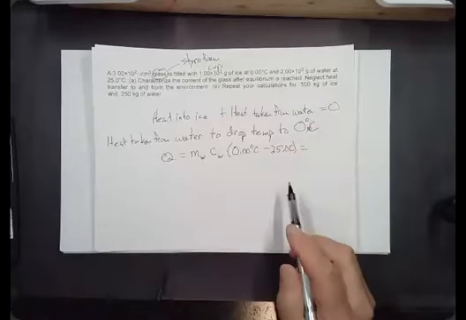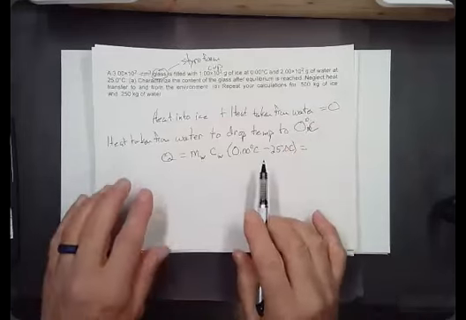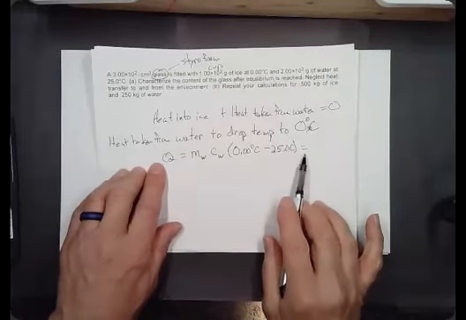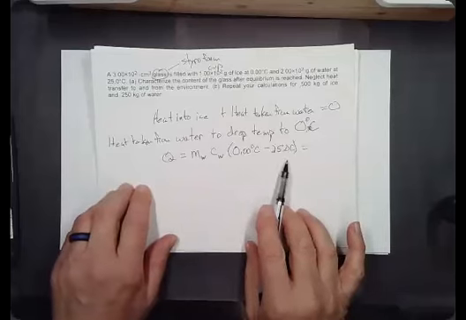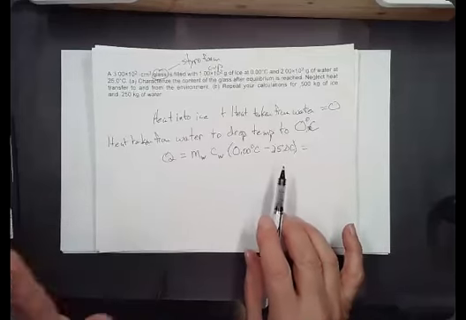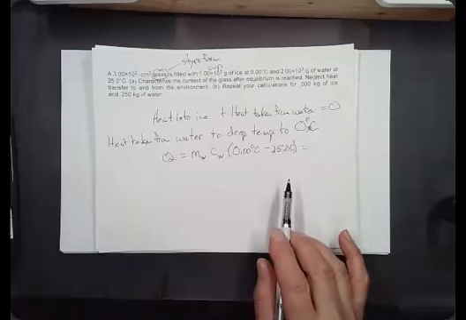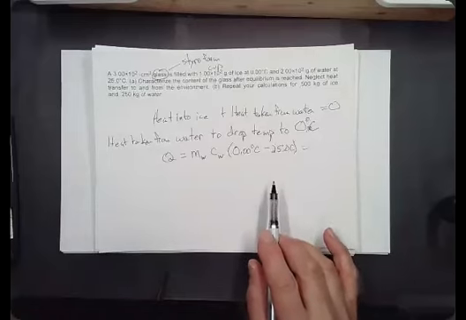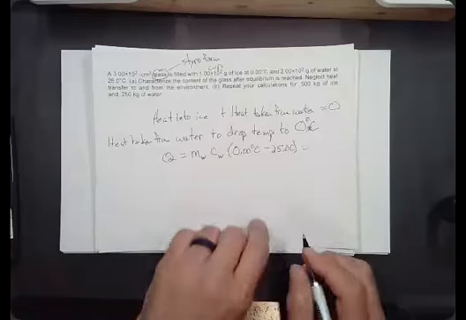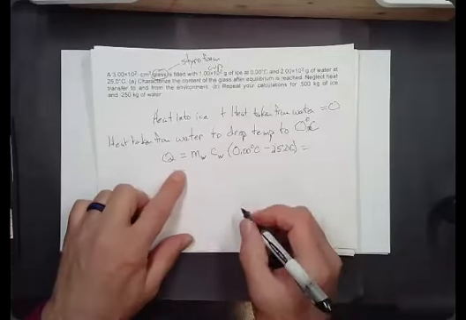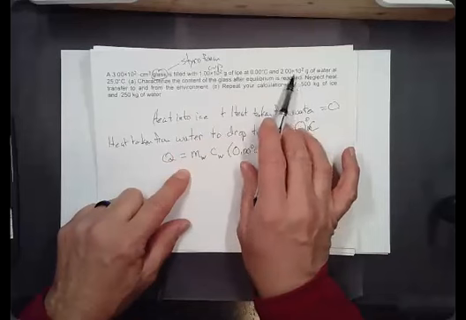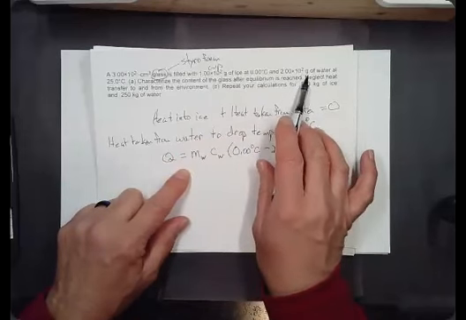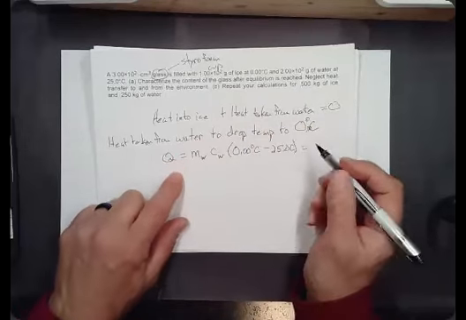And the reason I'm doing this is I'll figure out how much heat it would take to drop its temperature to 0, and then figure out how much heat it would take to melt the ice. And it'll tell me whether or not all of the ice will melt or not. And so we'll just find that out. Okay, well, how much water do we have? We've got 2.00 times 10 squared grams of water.